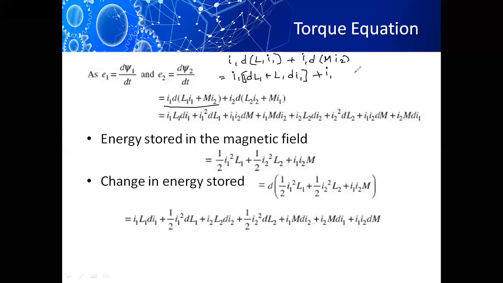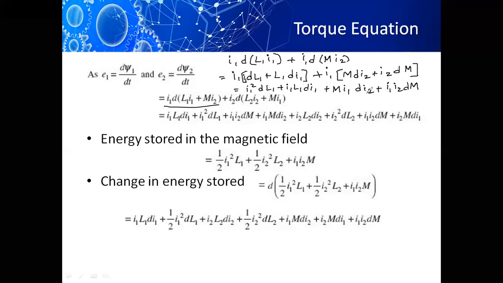Here also I1 into M dI2 plus I2 dM. Now if I multiply I1, I'll have I1 square dL1 plus I1 L1 dI1. For this side, this term would be M I1 dI2 plus I1 I2 dM.